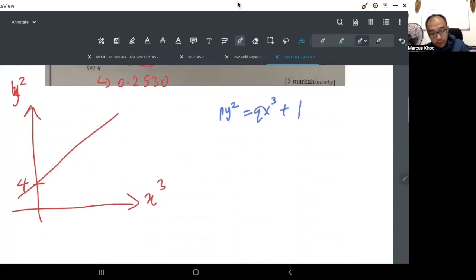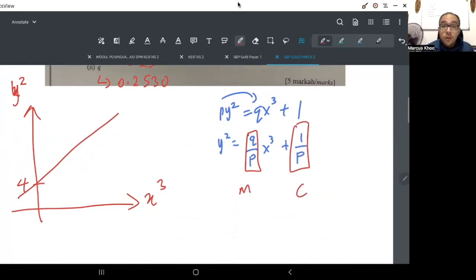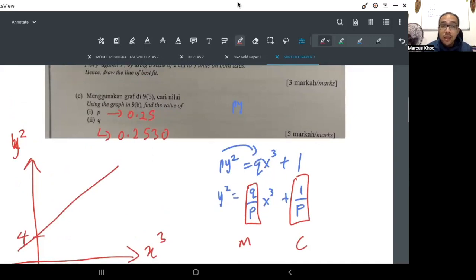You move the P across, you get y squared equals Q over P x cubed plus 1 over P. So Q over P will be equal to M, and 1 over P will be equal to C. So you can find P and Q from there. You should be able to get P equals 0.25 and Q is about 0.2530.